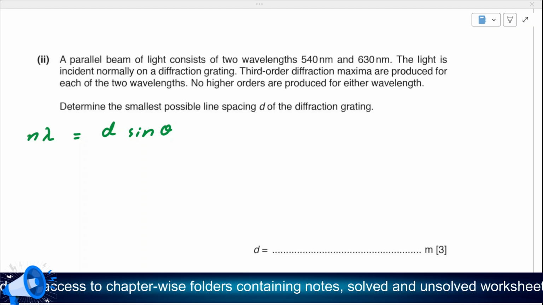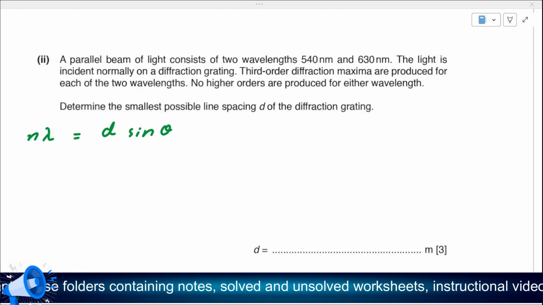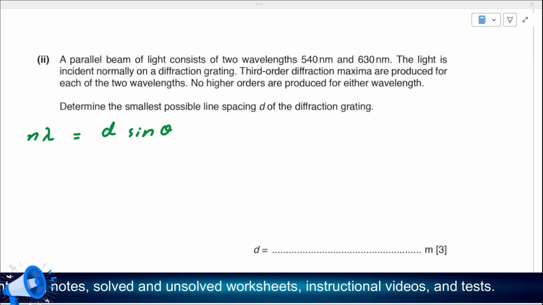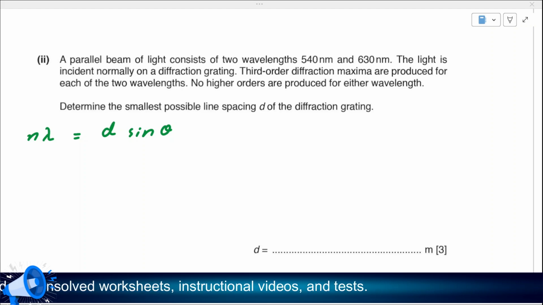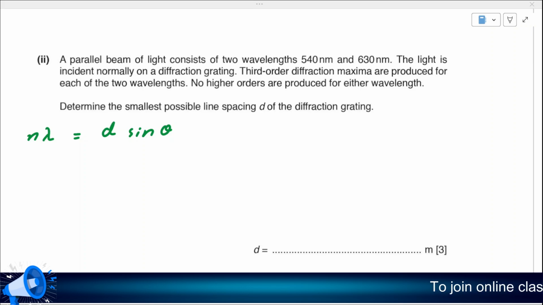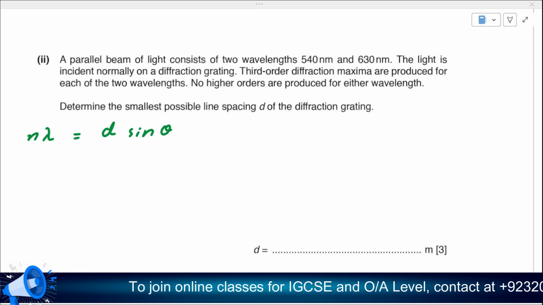I need to pick out of these two wavelengths which would give me the smallest value of d. I need to pick up a wavelength that would be giving me the smallest value of d.